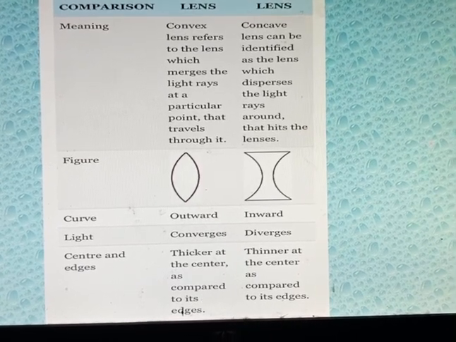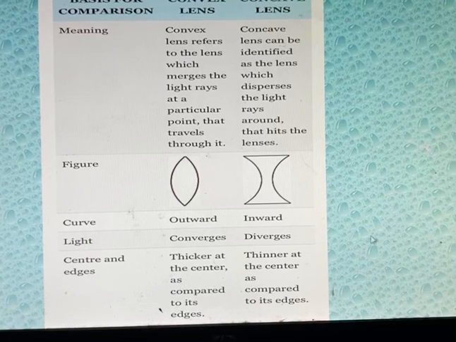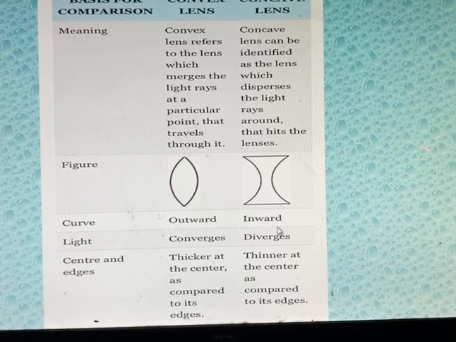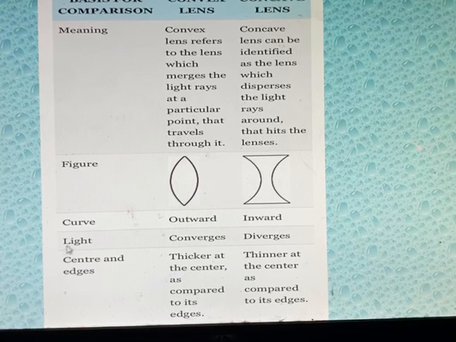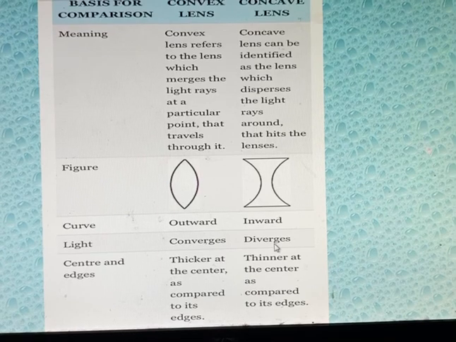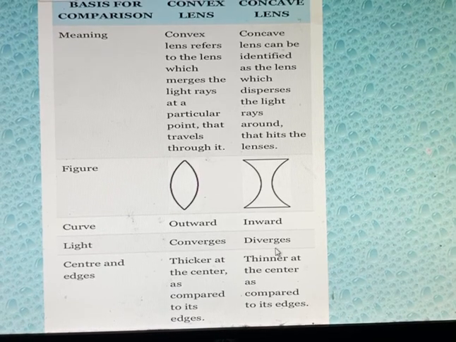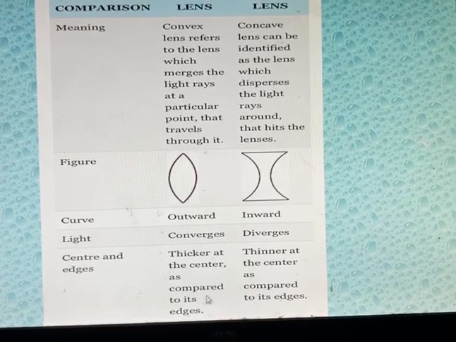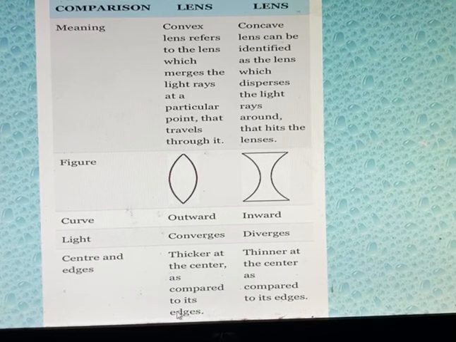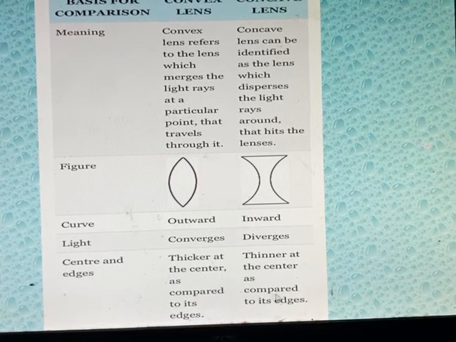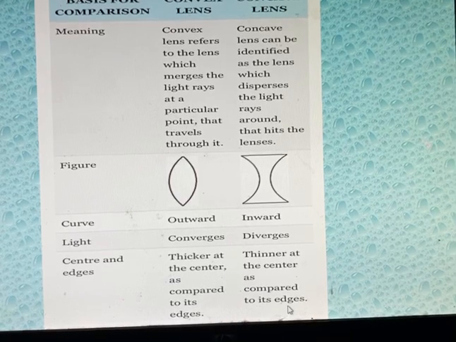You may make separate points by putting the figure: outwardly curved here, and inwardly curved here. Light, of course, converges in the convex lens, and this one is diverging the light rays. Convex is thicker at the center as compared to its edges, and concave is thinner at the center as compared to its edges.